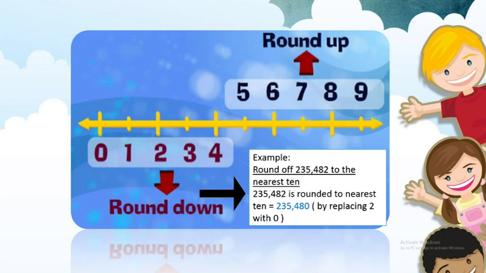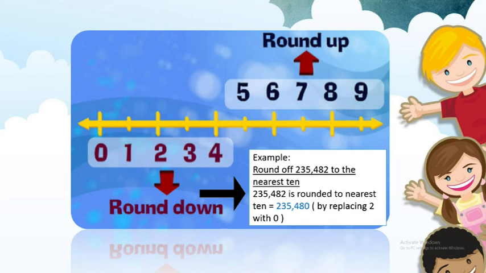The 2 is less than 5, right? So you have to write 235,480, because 2 is less than 5, so by replacing 2 you have to write 0.